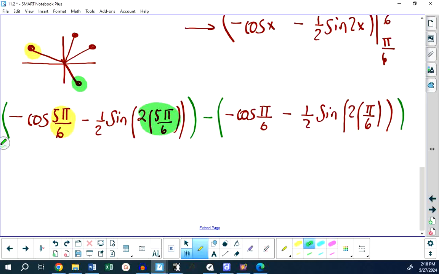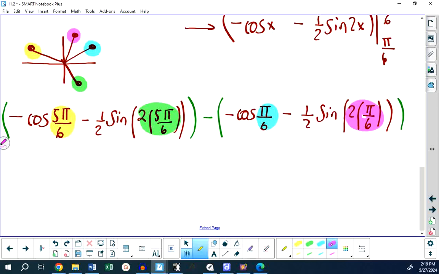We are interested in the pi over 6 position, and we are interested in 2 times pi over 6, which is pi over 3, which is here. So, remember, we've got 4 different angles here, I suppose. Cosine is an x-coordinate, sine is a y-coordinate. There's a lot to be organized about in your head here.